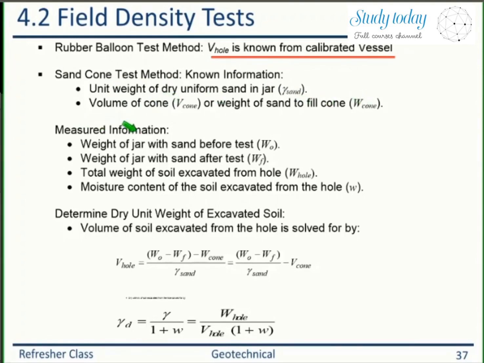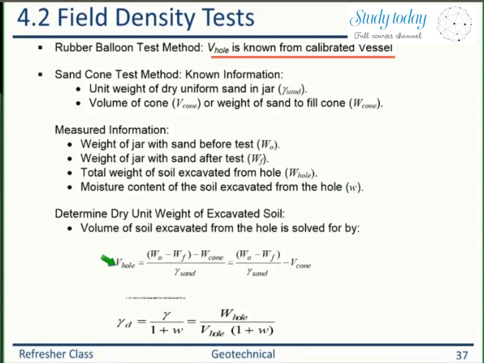Then what you can measure is the weight of the jar with sand before the test, and the weight of the jar with sand after the test is finished, the final weight. The total weight of the soil excavated from the hole is known because you can weigh it, and the moisture content you can also determine.